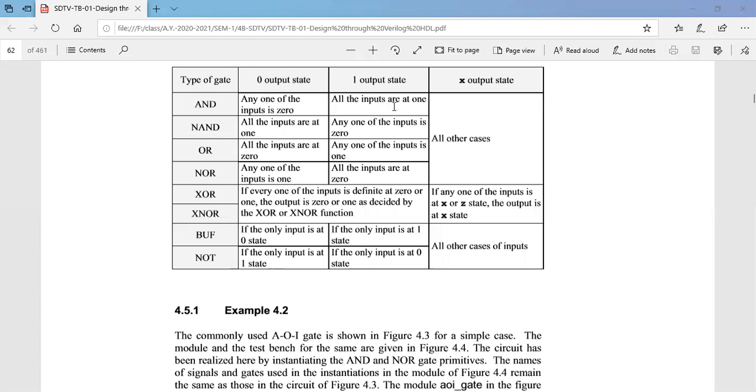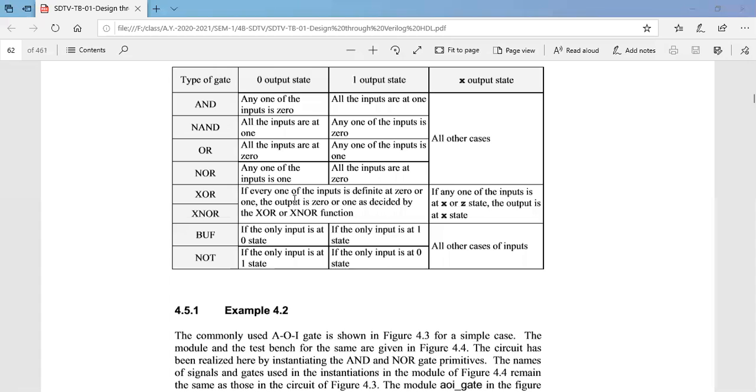If all the inputs are 1, then only its output goes into the 1 state. NAND will be complementary to this, and OR is like this: if all the inputs are 0, then only its output is 0. If any one input is 1, then automatically its output will be in the 1 state. NOR is complementary to the OR gate.